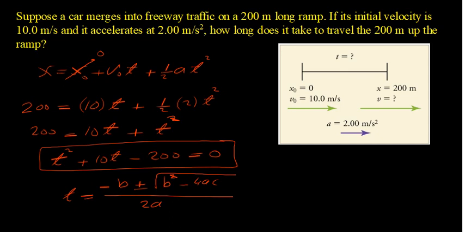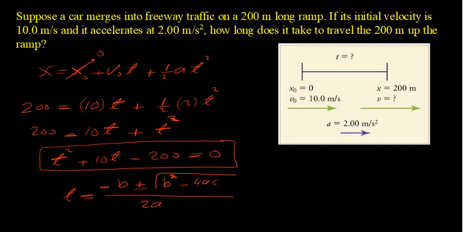When you do that, replacing the values of b, which is 10, a, which is 1, and c, which is minus 200, and just doing that calculation, you will end up with two values of the time. One of them will be positive, one of them will be negative.